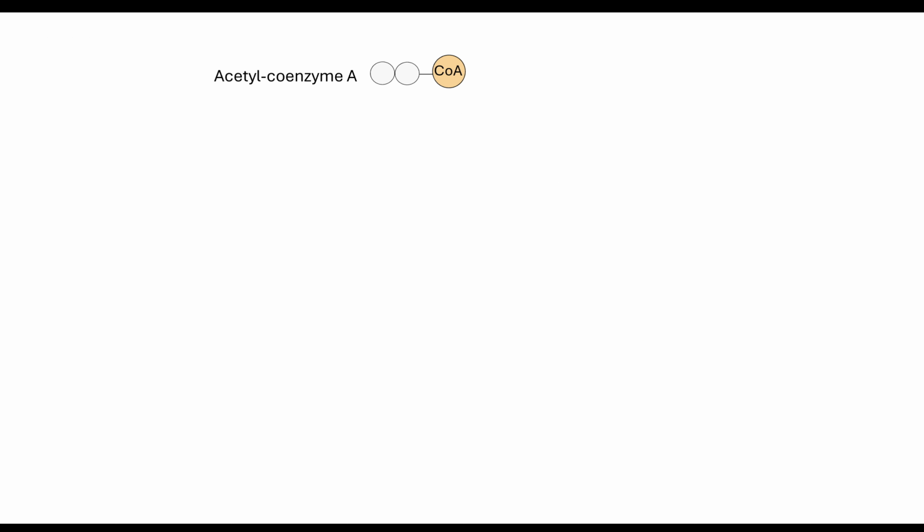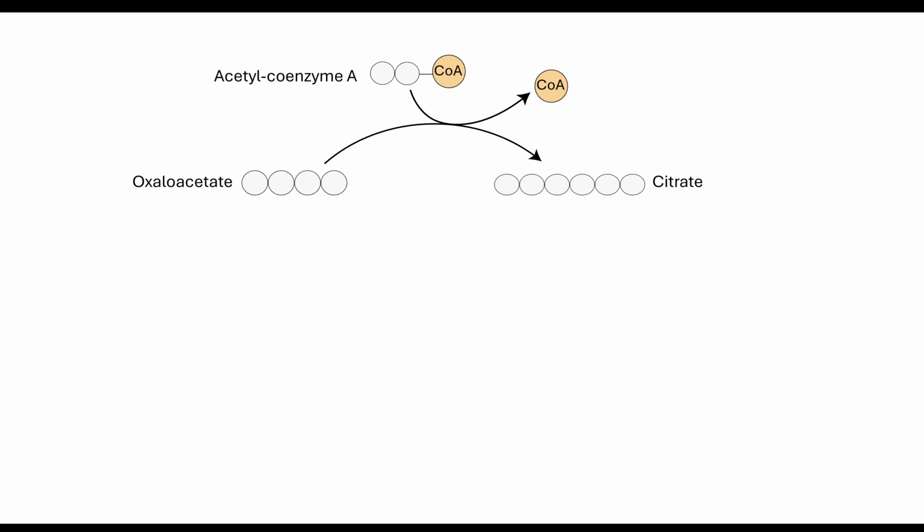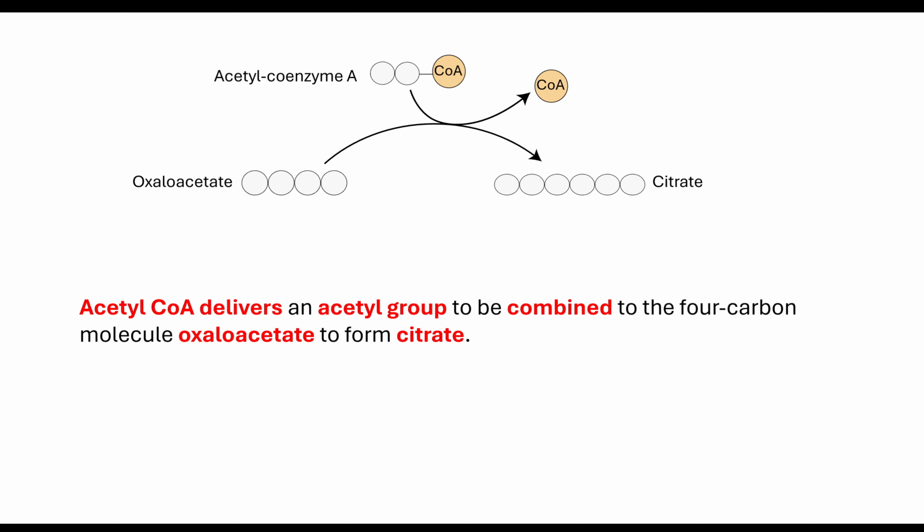We have acetyl coenzyme A, which comes in and joins the oxaloacetate to the citrate. So we have citrate, which is a 6-carbon molecule, oxaloacetate, which is the 4-carbon molecule, and an acetyl group, which is a 2-carbon molecule. So the acetyl coenzyme A is basically delivering the acetyl group so that it can be combined to the oxaloacetate to form citrate.